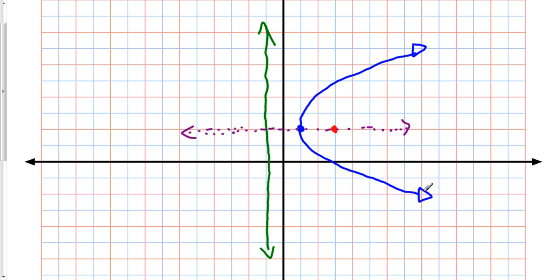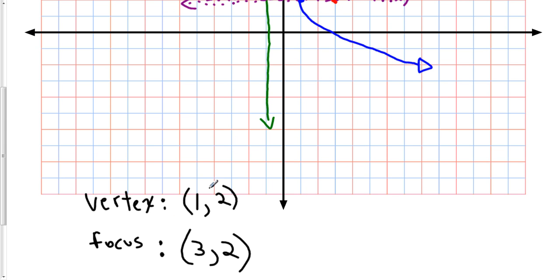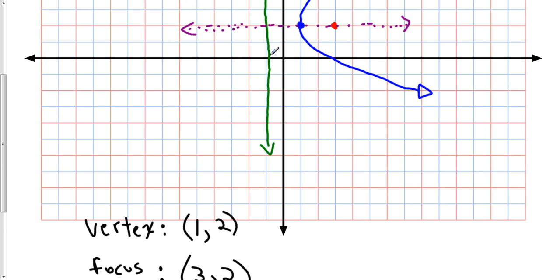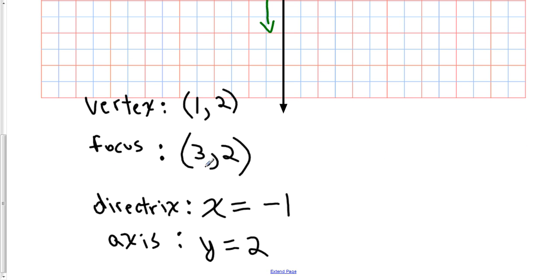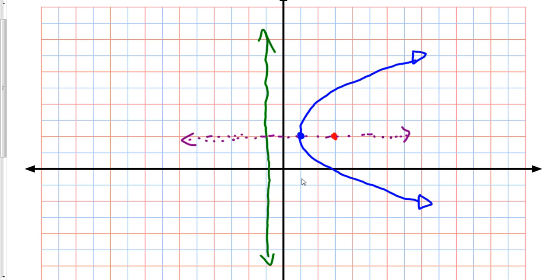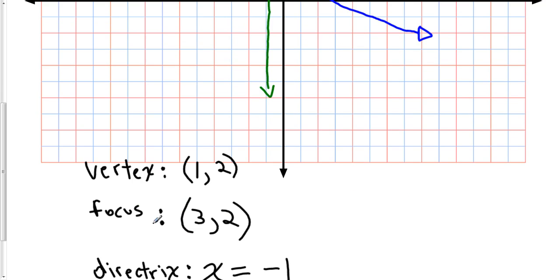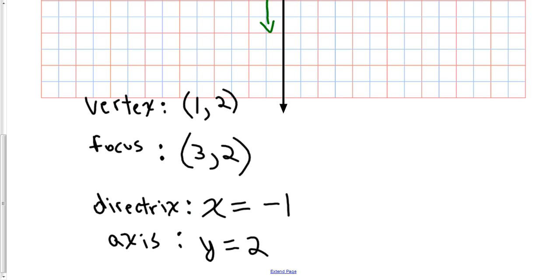So if you can identify h, k, and p, where p is the distance between these two and between these two, it should be relatively easy to graph a parabola, give its vertex, focus, directrix, and even the axis.